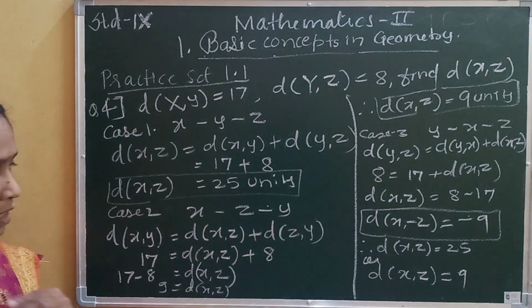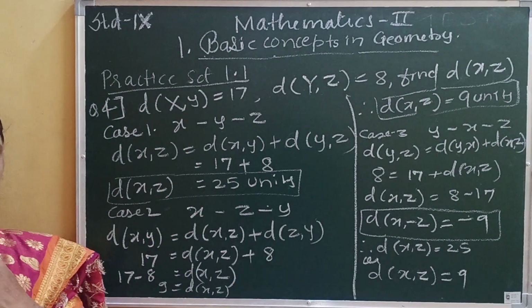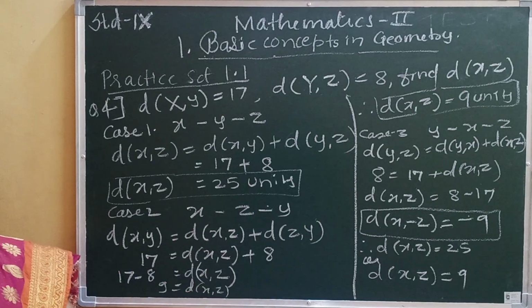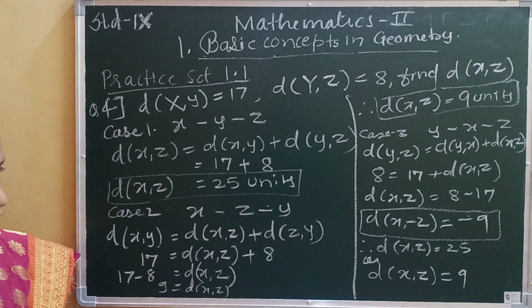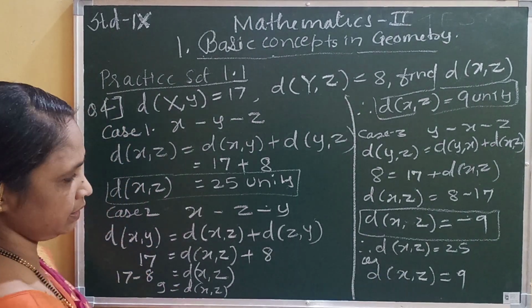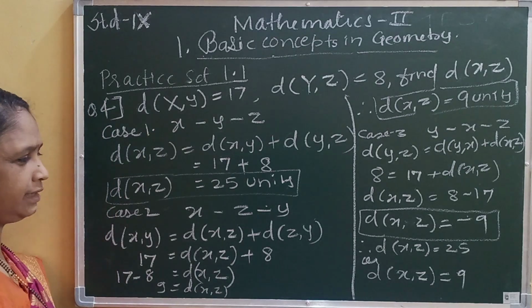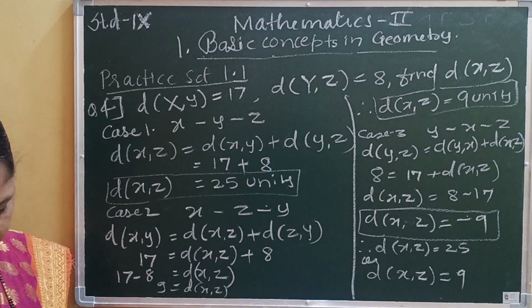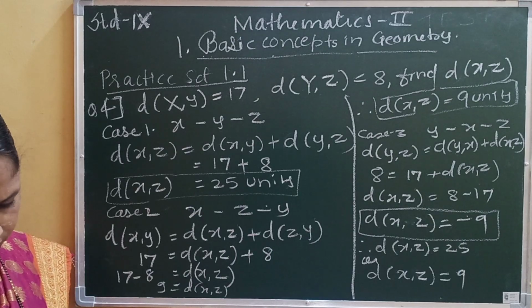Either the distance XZ will be 25 or it will be 9. But this minus 9 will not be there, because distance cannot be negative. So that is the distance between X and Z.